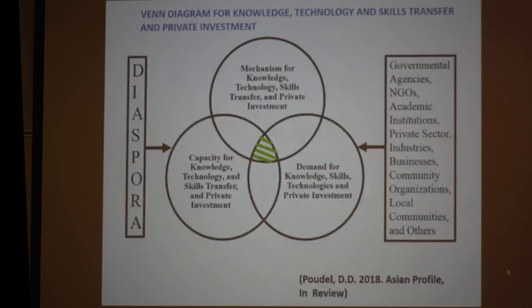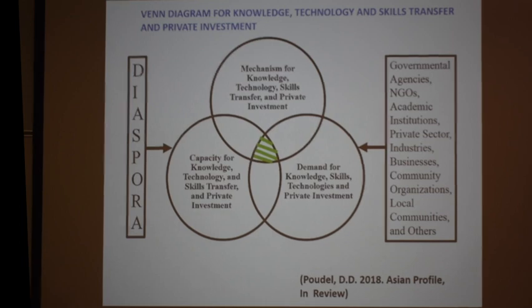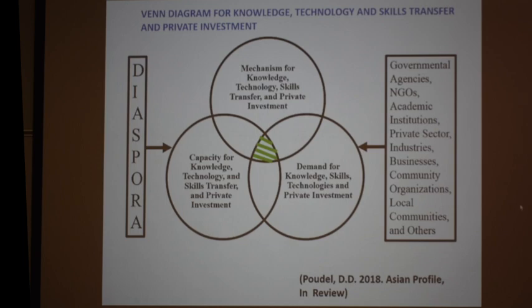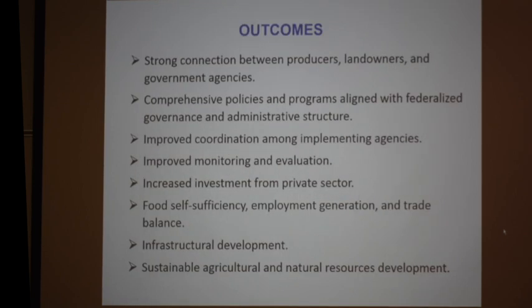And also the diaspora is a major resource for knowledge transfer. And if there is an appropriate mechanism and demand clearly identified, the knowledge base of the diaspora can be a valuable resource for agricultural and natural resource development in the country.